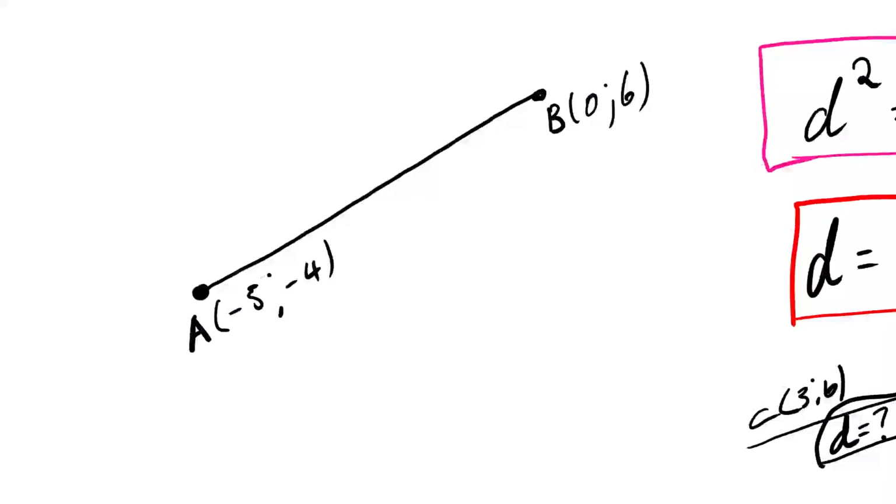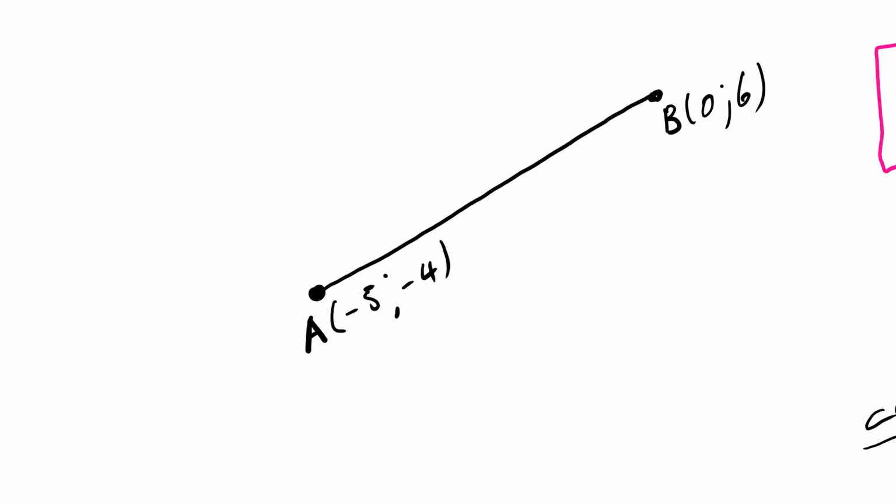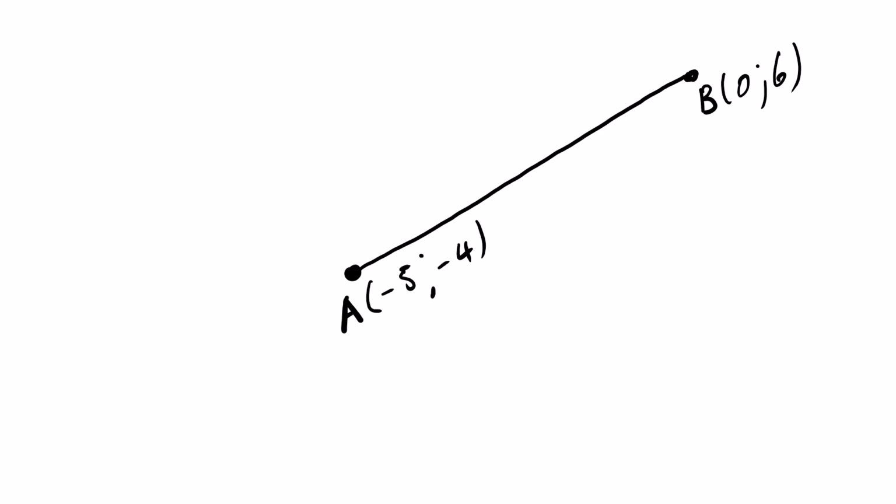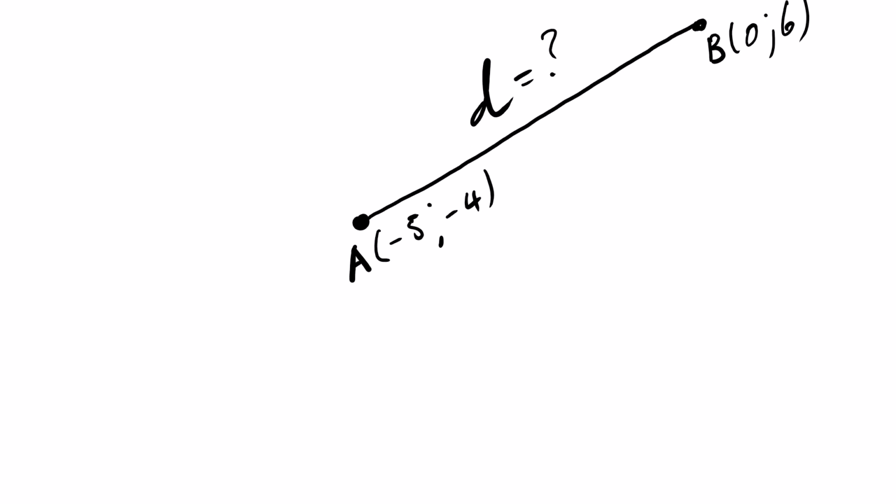So let us look at the scenario. We can see that we are given two points with defined coordinates, and then we want to calculate the distance. So how do we calculate? Which equation are we going to use, 1 or 2? We are going to use 2.